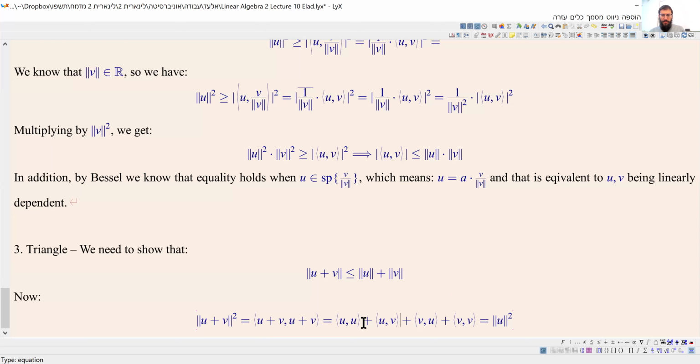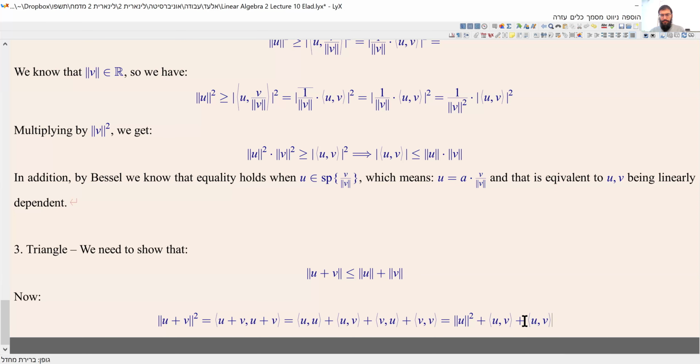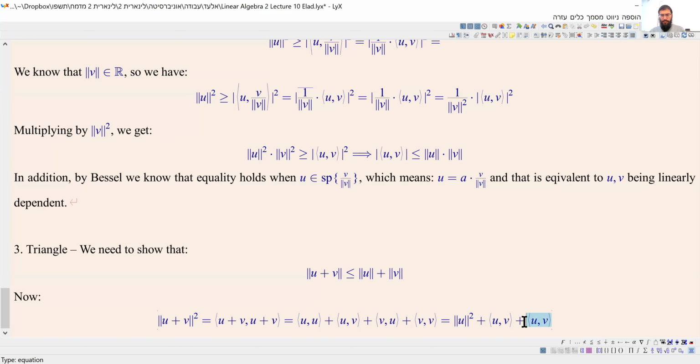So we have here u with v, and the complex conjugate of u with v, and the norm of v squared.